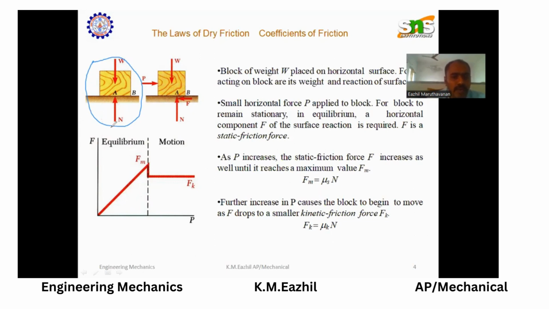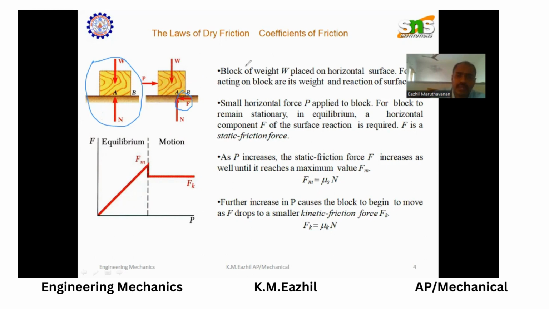When a force P is applied, the block starts moving, or the force might cause the block to move. Whether the force causes the block to move or the applied force doesn't change anything, whatever the conditions, the frictional force is acting on that block, opposite to the applied force. So this is the free body diagram of the block with an applied force.